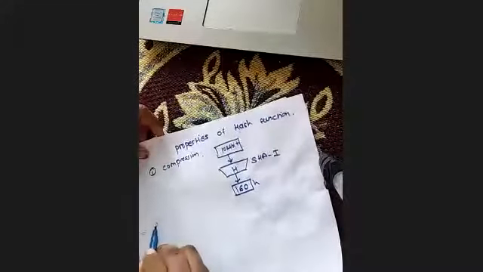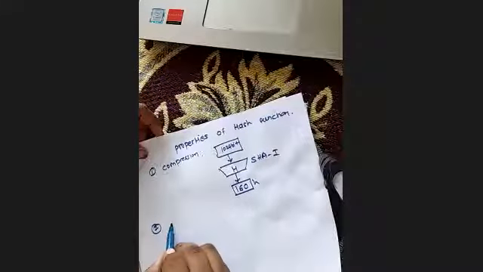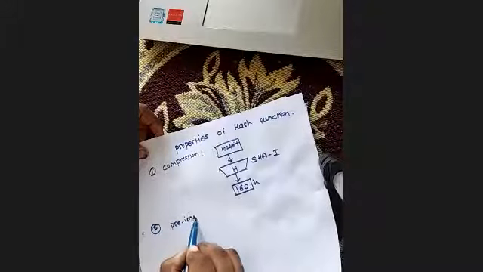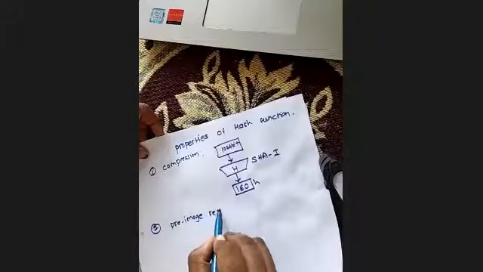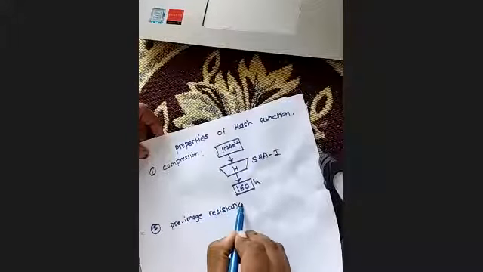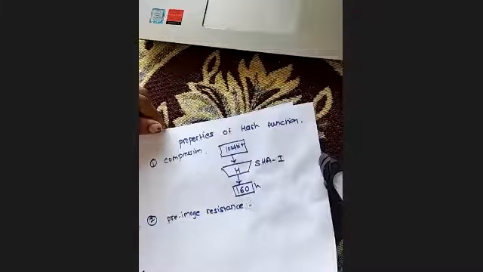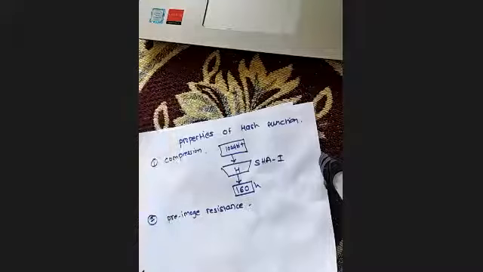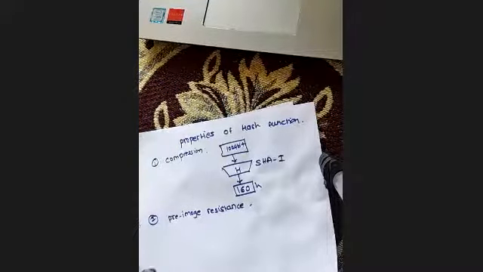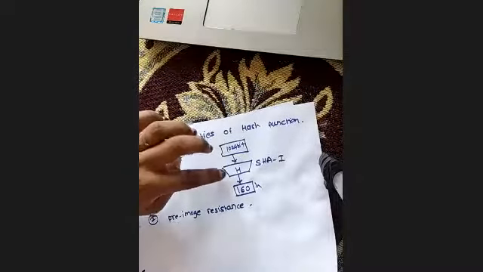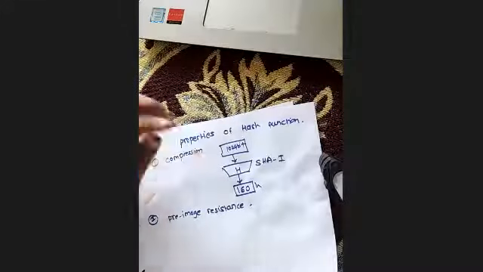Okay. The second property available here is pre-image resistance. Pre-image resistance means it is very difficult to find your input from the given hash function output, right?